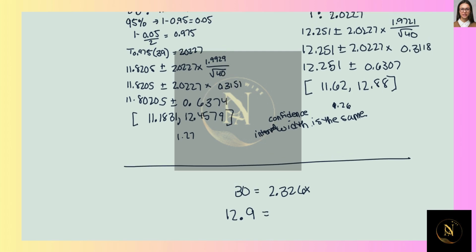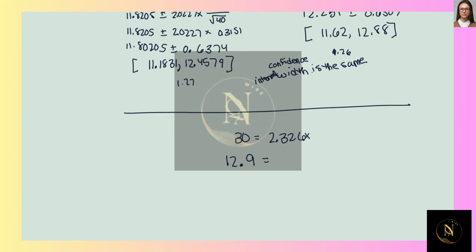your standard deviation we're going to use for the second sample, 1.9721. So 1.9721 divided by the square root of x. You're going to take 1.9721 and divide that by 12.9, and you're going to get the square root of x equals 0.153.